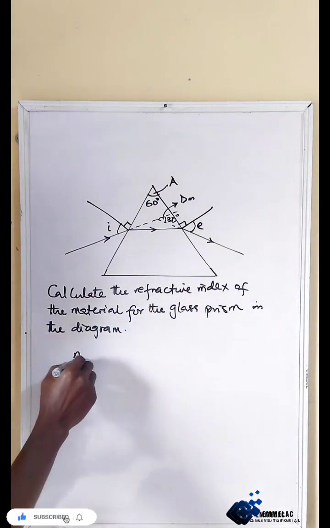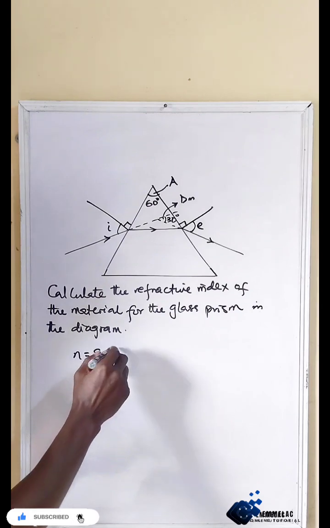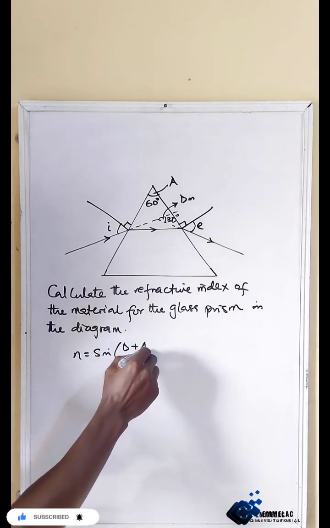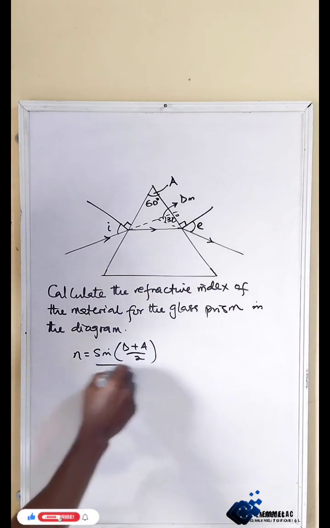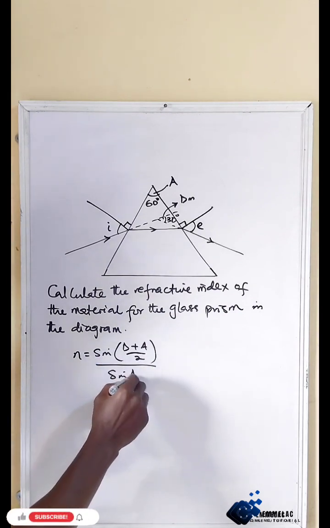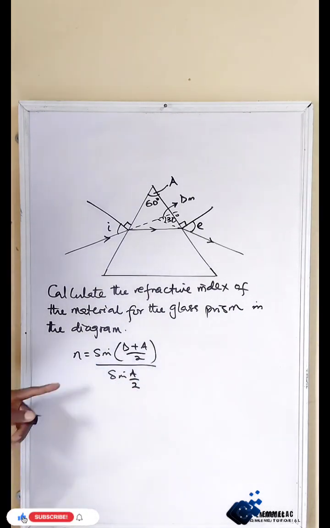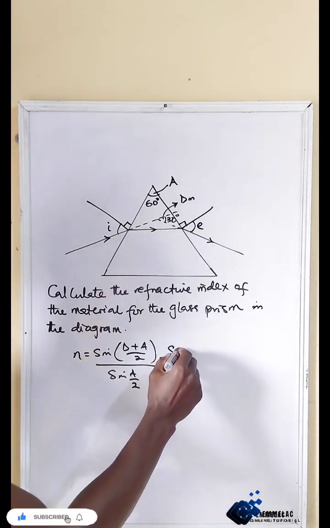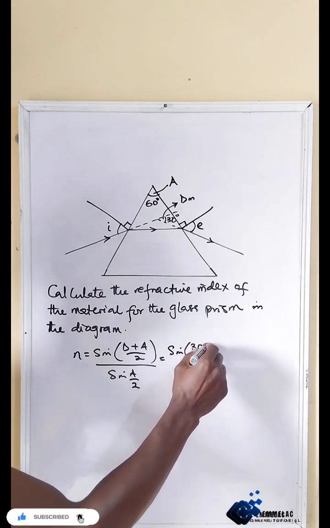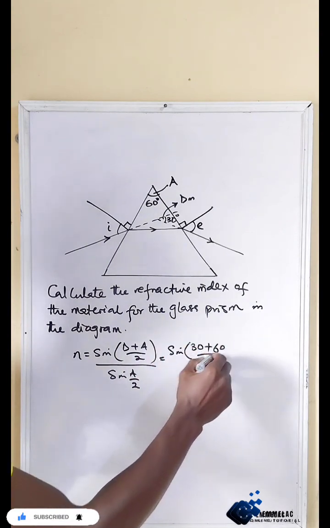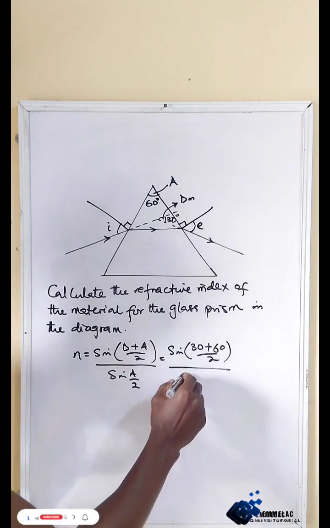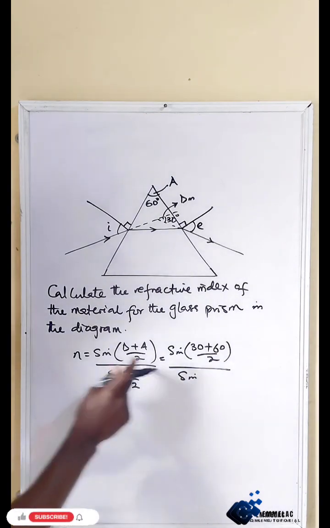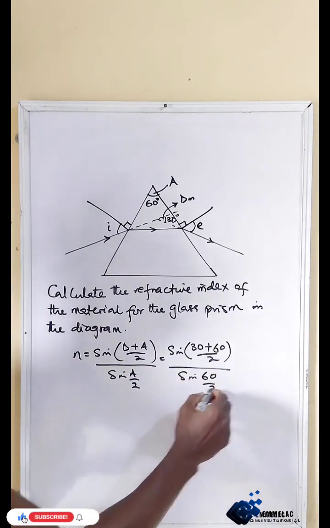So which means that n equals sine of (D plus A) all over 2, then all over sine A over 2. Where our D is 30, so here we have n equals sine of (30 plus 60) all over 2, then all over sine of 60 divided by 2.